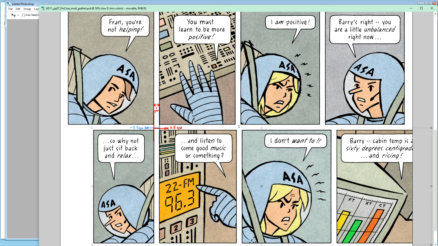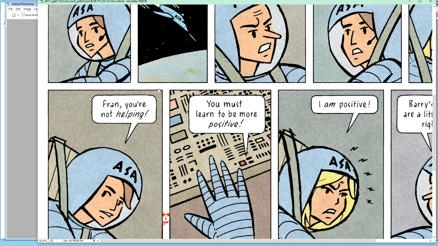Otherwise this thing here would always be in the middle of the brick above.